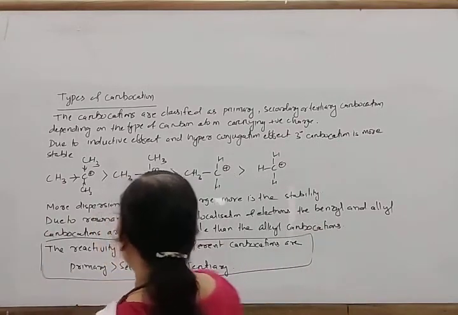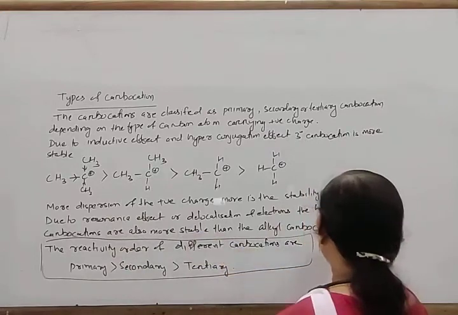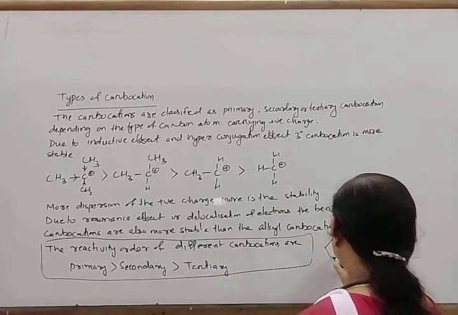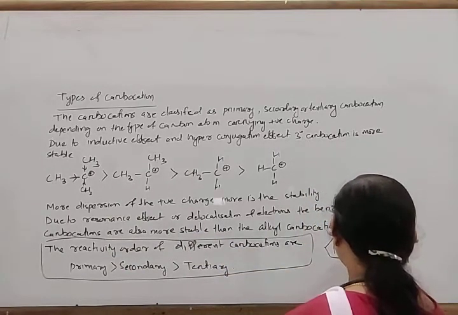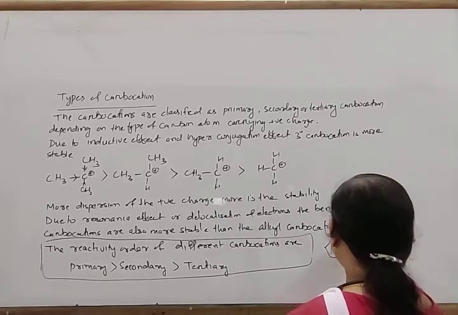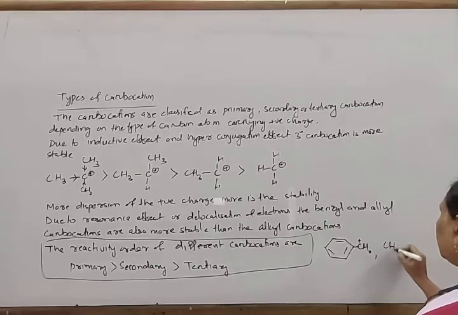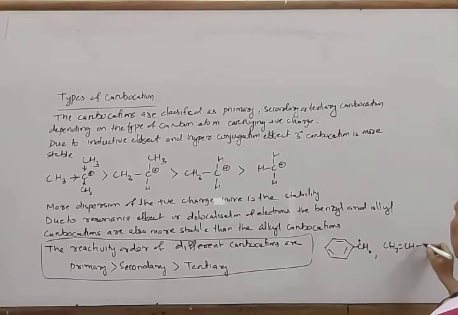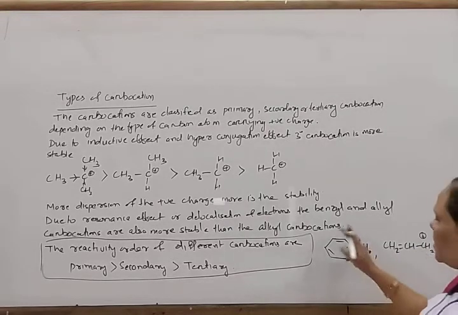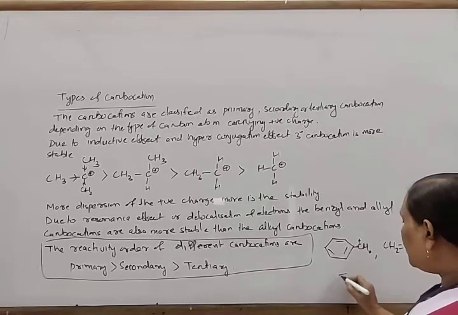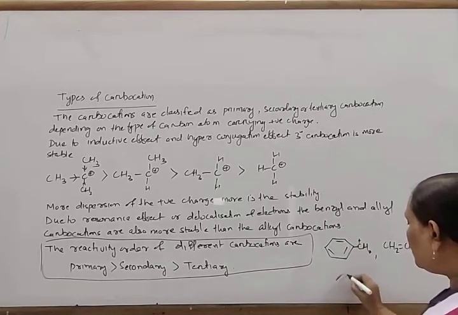What is the benzyl carbocation? Due to the resonance effect, this one is known as the benzyl carbocation, C6H5CH2 plus, and the allyl carbocation is CH2 double bond CH single bond CH2 plus. This is known as the allyl group, so this is the allyl carbocation. If there is a triphenyl carbocation, then this is again more stable.